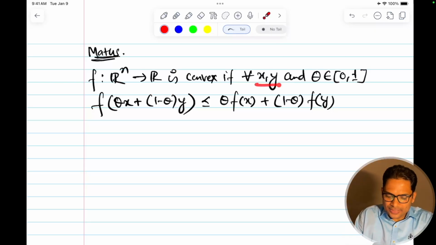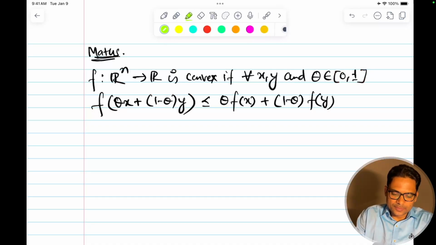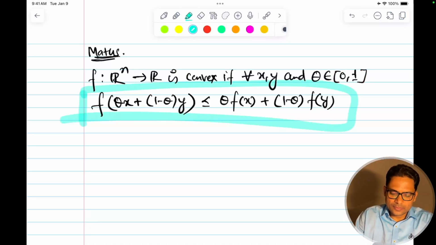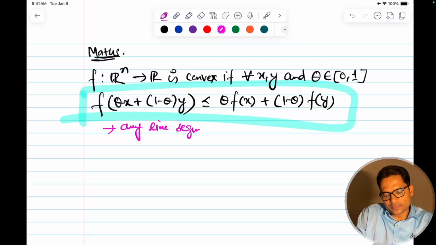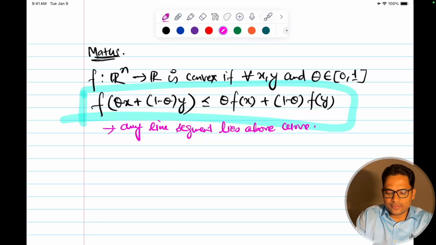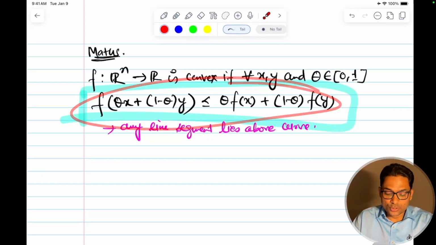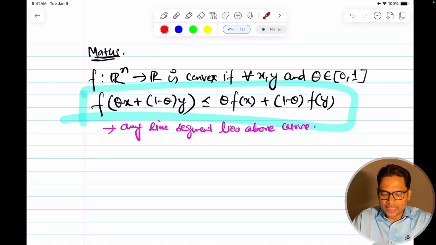So for all x, y and theta in the range 0 to 1, this equation tells me that any line segment lies above the curve, and if this is true, then only we can say that it is convex.